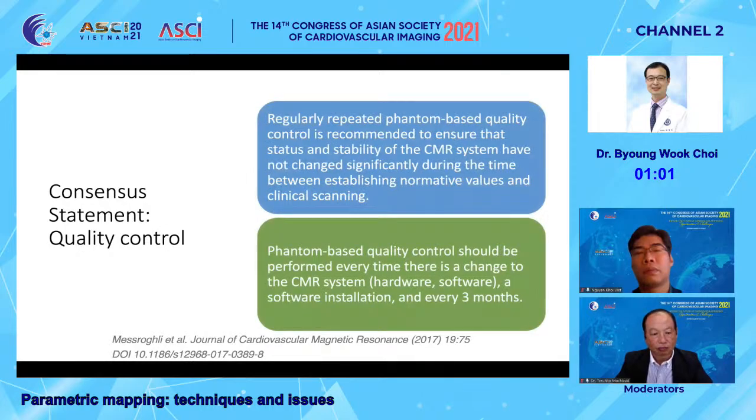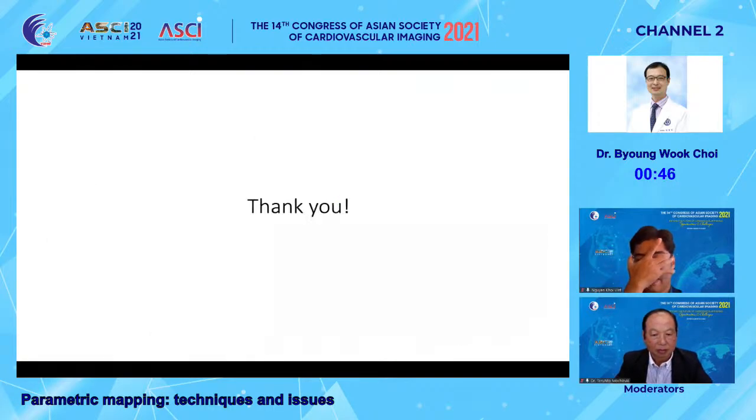For quality control, regularly repeated phantom-based quality control is recommended and should be performed every time there is a change to the CMR system and every 3 months. Thank you for your attention.